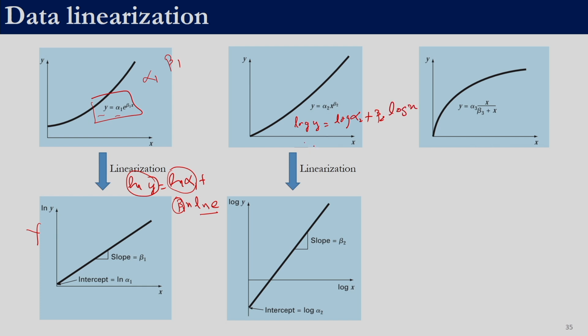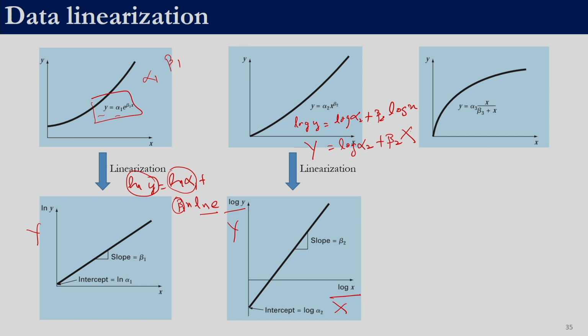So, log y, let us say it is uppercase Y, log alpha 2 will be our intercept plus beta 2 would be our slope, log x, let us say it is uppercase X. So, we perform a regression between uppercase X and this uppercase Y. So, the regression that we are doing is in this space over here.